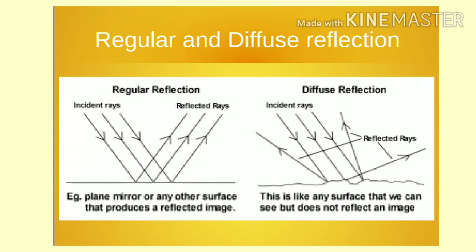In the second picture, all the incident rays are not regularly reflected. That is, the formation of reflected rays is less in the second picture. So such objects won't reflect light regularly.